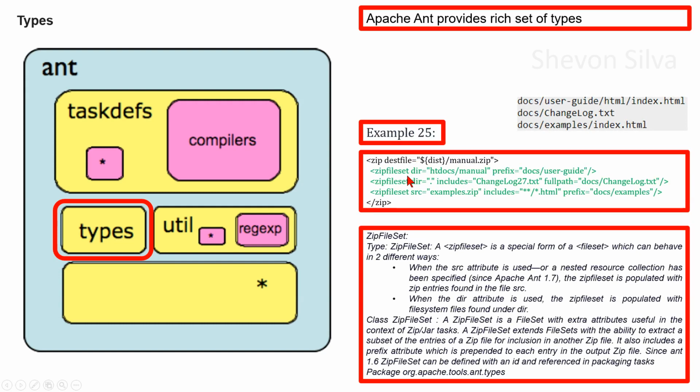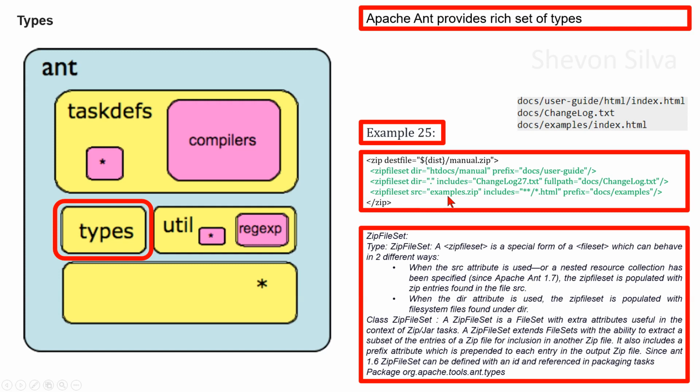Now we are considering zip file set. Type zip file set. A zip file set is a special form of file set which can behave in two different ways. When the src attribute is used, or a nested resource collection has been specified since Apache Ant 1.7, the zip file set is populated with zip entries found in the file src.